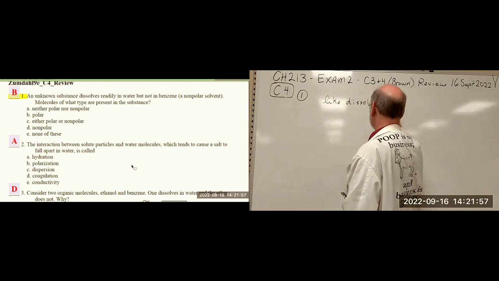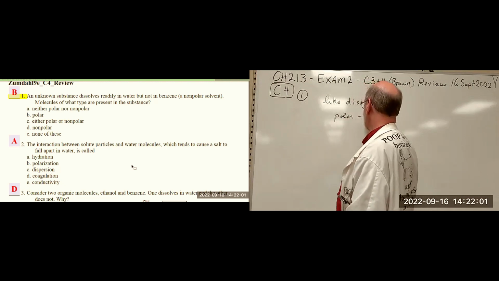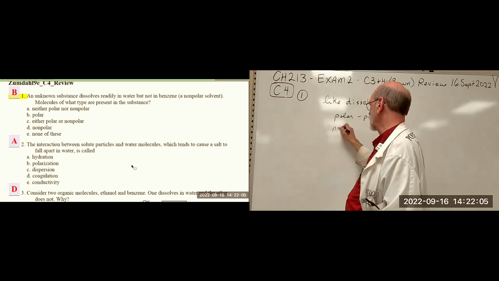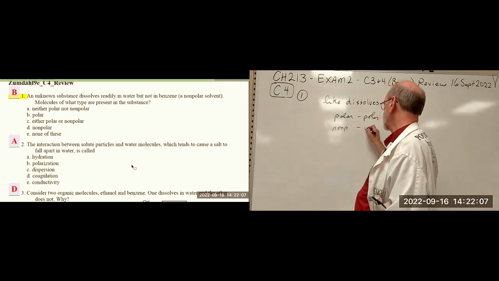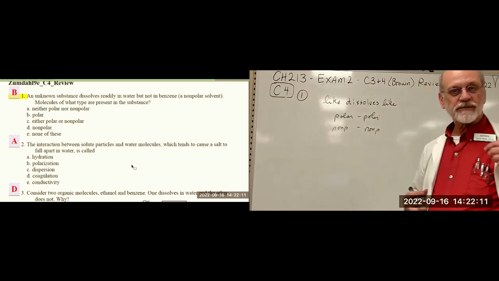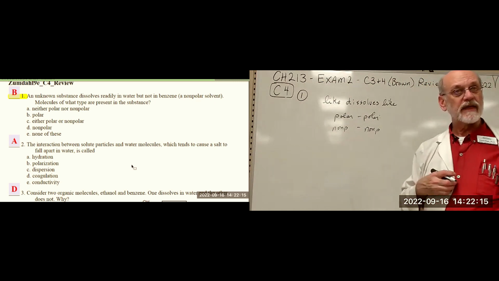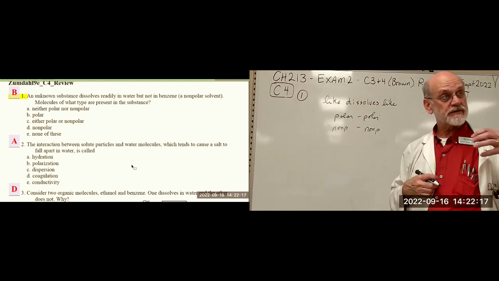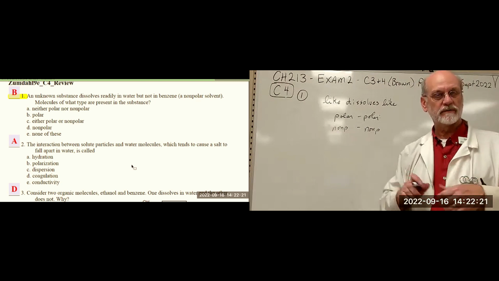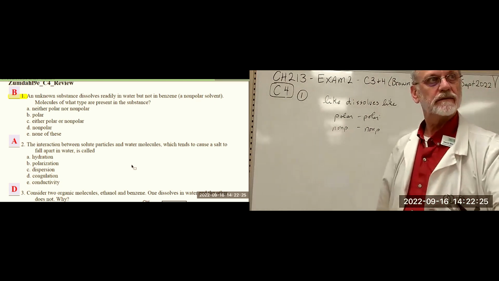What that means is polar dissolves polar, and nonpolar dissolves nonpolar. So if your substance dissolves readily in water, but not benzene, which is a nonpolar solvent, then everything in the substance, the solute that you're putting in solution, has to be polar. That's why the answer is B.